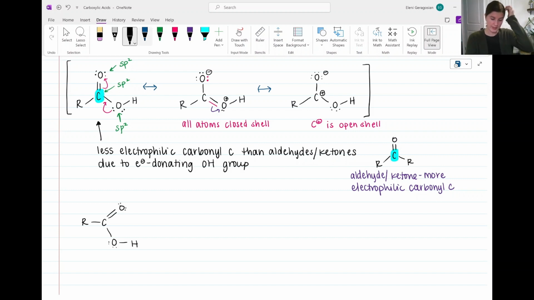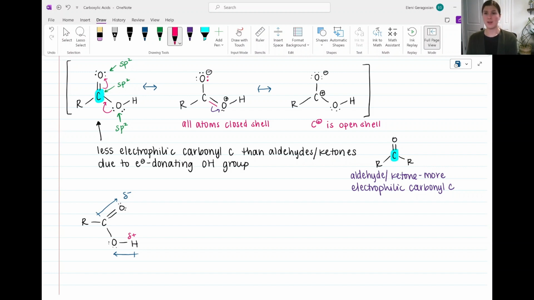Okay, so we know there is a polar bond between this carbon and the carbonyl oxygen that puts a partial negative charge on that oxygen. There's also a polar bond if we focus on the OH bond, where electron density is pulled away from hydrogen towards the oxygen, and that puts a partial positive charge on the hydrogen.